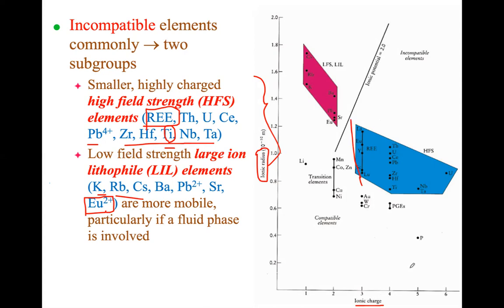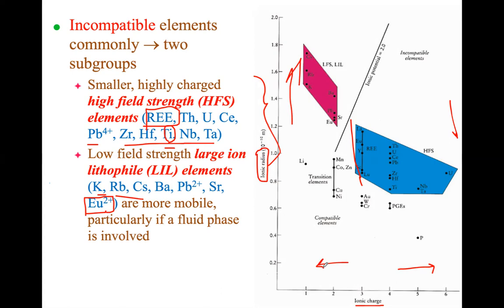That means they have high charge but small size, right? For the low field strength elements, they are large, their radius is high, but charge is low, right? So this is how it comes into the variation diagram.